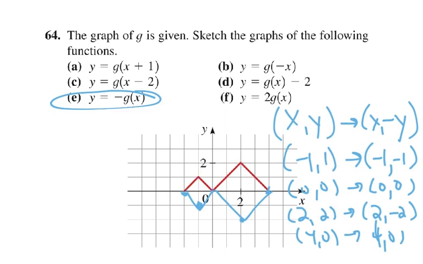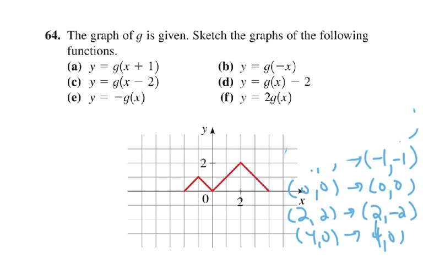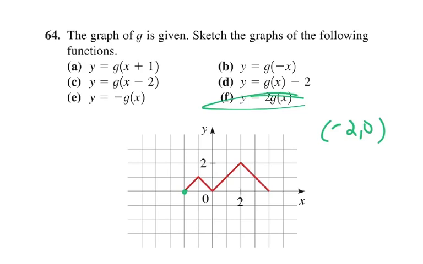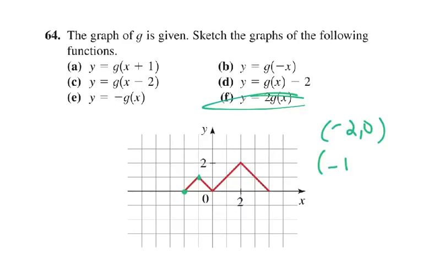And now the fun one. F. How do I do 2g of x? 2g of x says to multiply all the y values by 2. So, here's my first ordered pair, -2, 0. When you multiply y by 2, you still get -2, 0. But the next ordered pair, -1, 1, when you multiply y by 2, you get -1, 2.